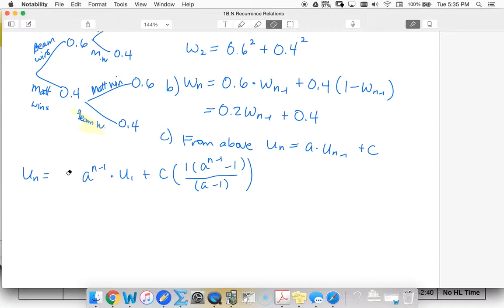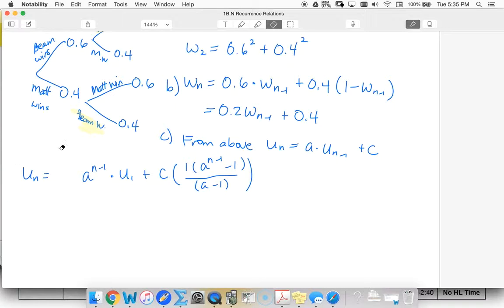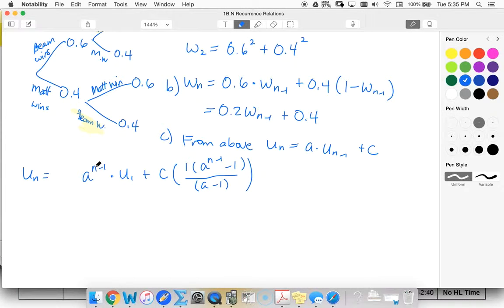Okay, so using this, I can find my general term. We know that for W_n, our a value is 0.2. Our W_1 value was 0.6.